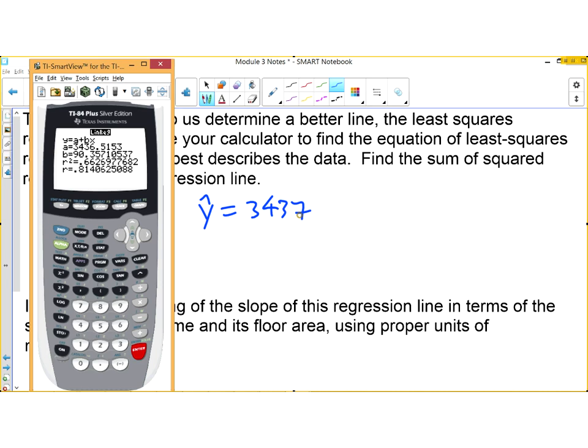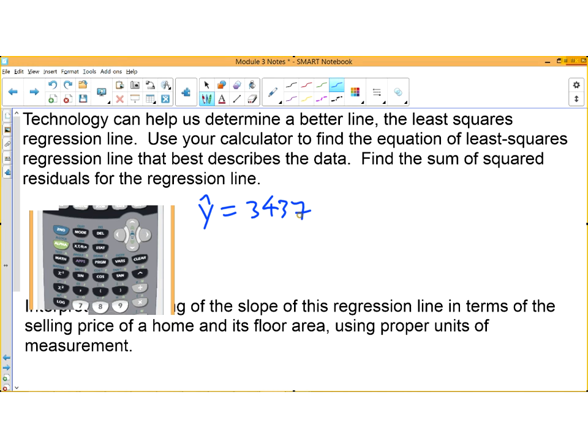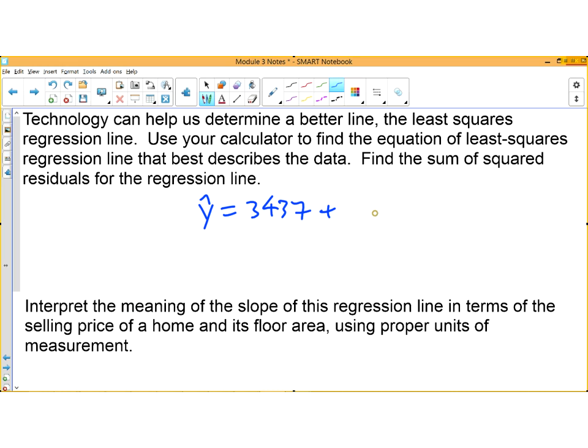And then I will do decimals on the slope though, because I'm going to be doing thousands of square feet, and that'll multiply those decimals out. You could do 90.4 or 90.36 for the slope. I'll do 90.4. That should be close enough. Plus 90.4x. So that's the equation of my regression line.